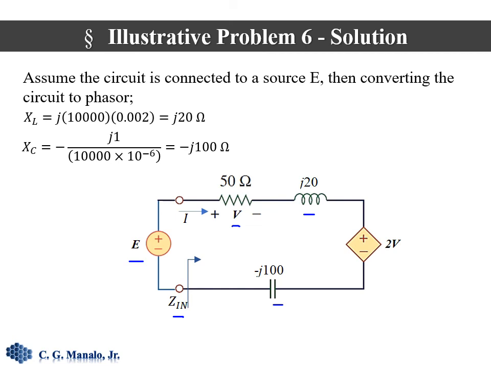Now take note that since we already have a source, that means that we should have a current, and that current should also be expressed in its phasor form. These are the computations for the inductor and the capacitor with regards to their phasor equivalents.